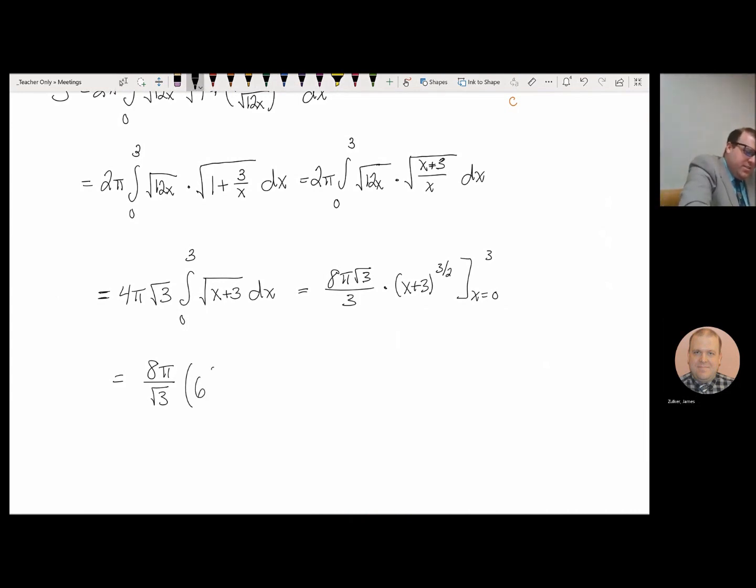Evaluate at 3, we get 6 to the 3 halves. Evaluated at 0, we get 3 to the 3 halves. Six to the 3 halves, 6 root 6. 3 to the 3 halves, 3 root 3.